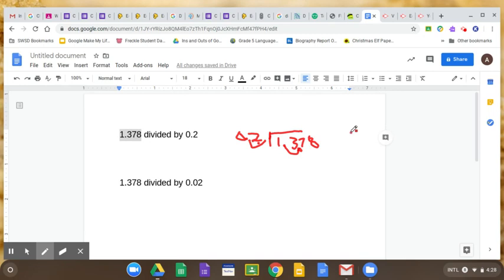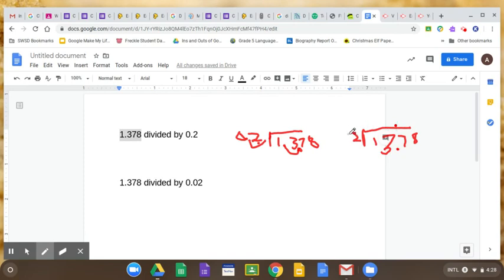So if I were to rewrite the problem, this would look like this, and your decimal point's here because you moved it that one spot. So your decimal point just gets moved right up here. So it's going to stay there in the problem.